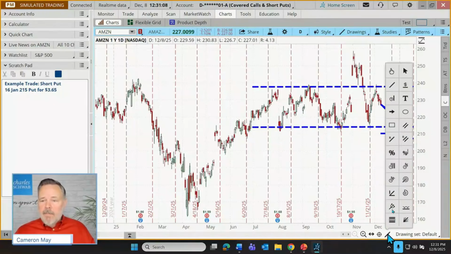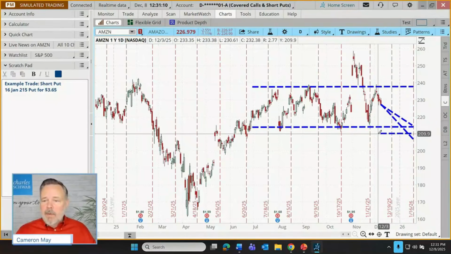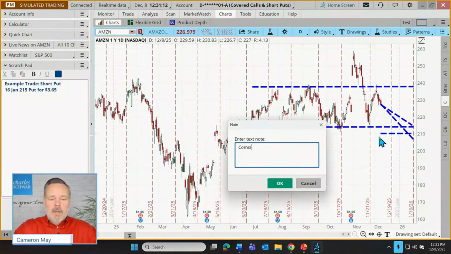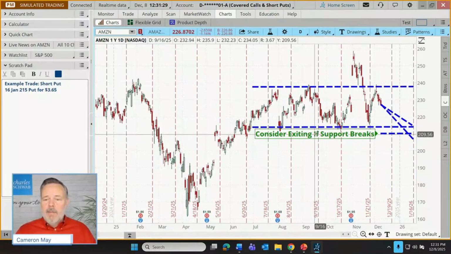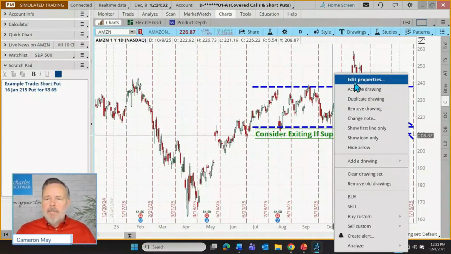Let's just say for this trade, we're going to consider exiting if support breaks. This should be terminology that looks pretty familiar. Common approach that we use in this webcast series. There we go. We're going to consider exiting if support breaks right there.